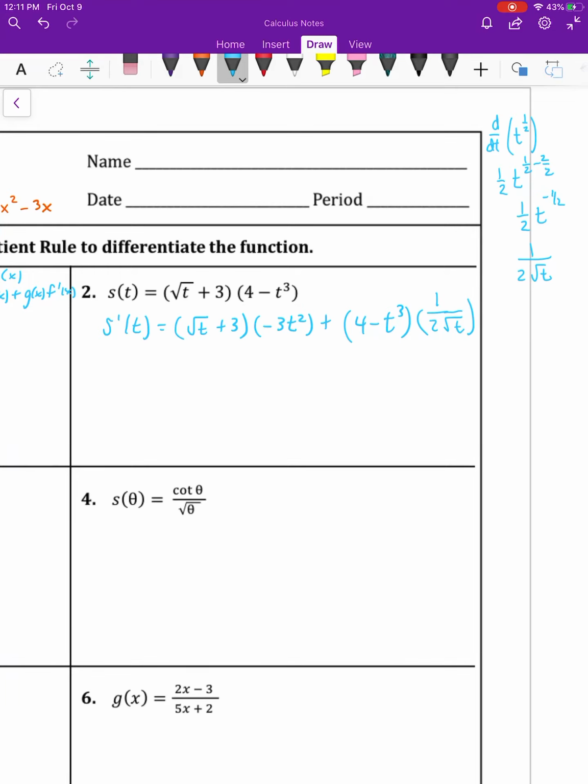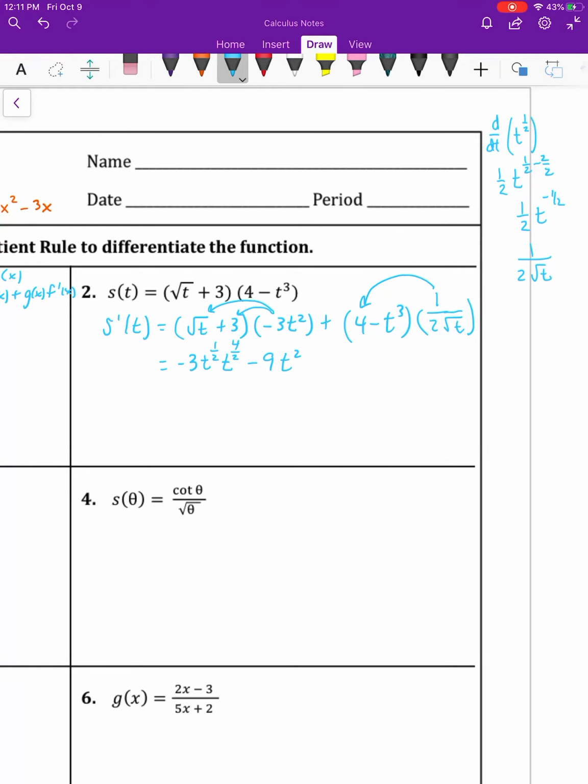Okay, because derivative of 3 is 0. So now we're going to distribute. So negative 3, I've got my t to the 1/2 times my t to the second, which I'm going to make 4/2. And then we've got this one minus 9t squared.